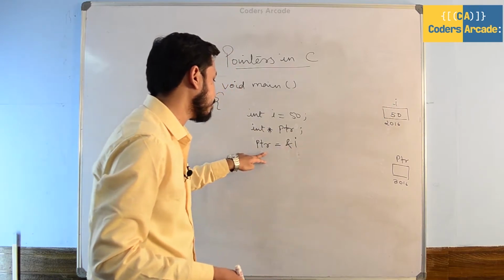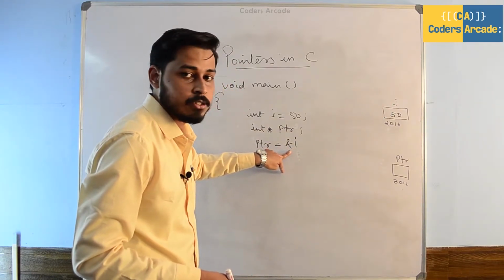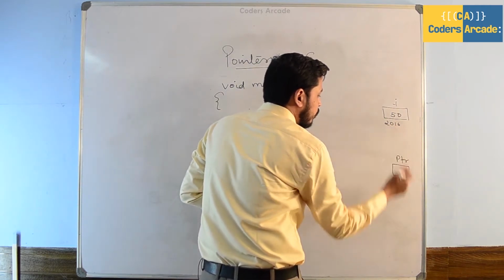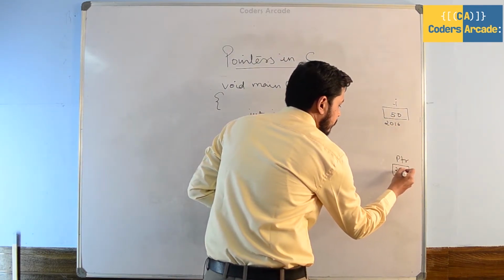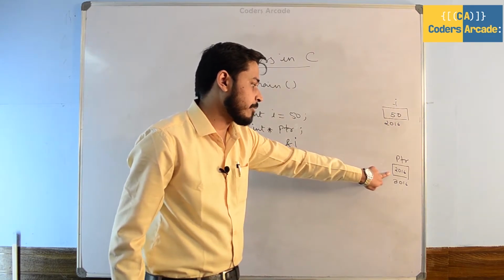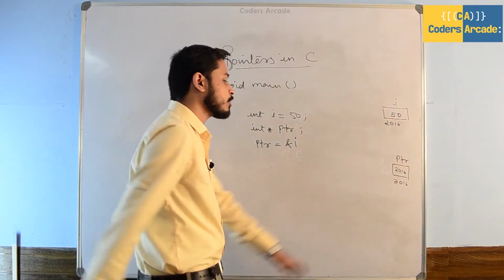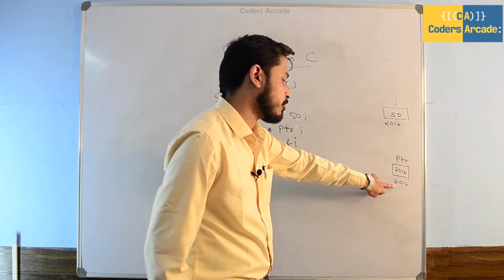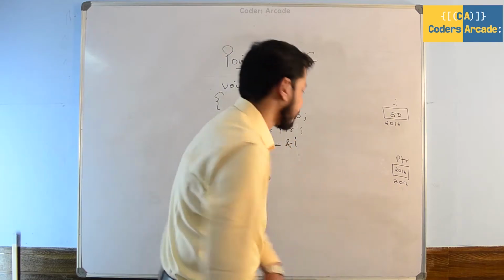Because I have written ptr equals address of I, right? So the value of this ptr will be 2016. This 2016 is the value of this ptr, and it is stored under this particular address of the memory location, so 3016.